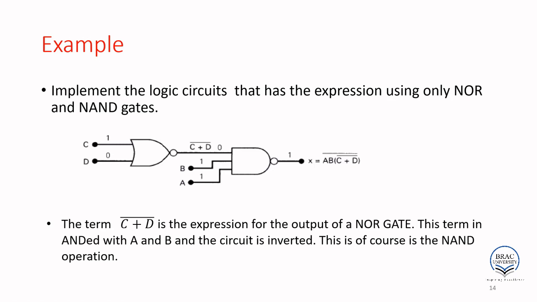A and B will be multiplied, and that will be multiplied with C plus D bar. As we have an inverter, the term C plus D bar is the expression of the output of a NOR gate. The term is ANDed with A and B, and the circuit is inverted. This is, of course, the NAND operation. So this circuit we implemented using NOR and NAND gates.